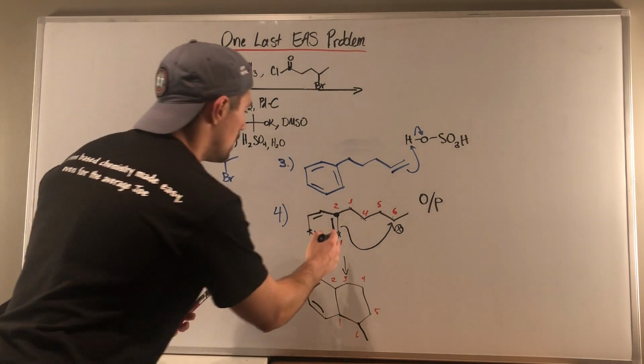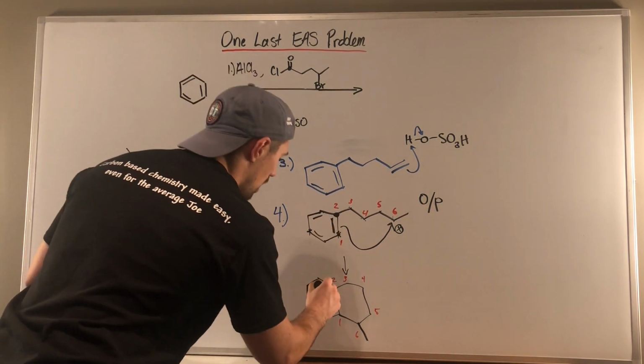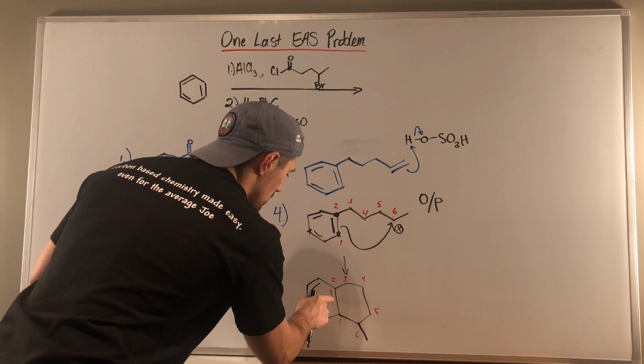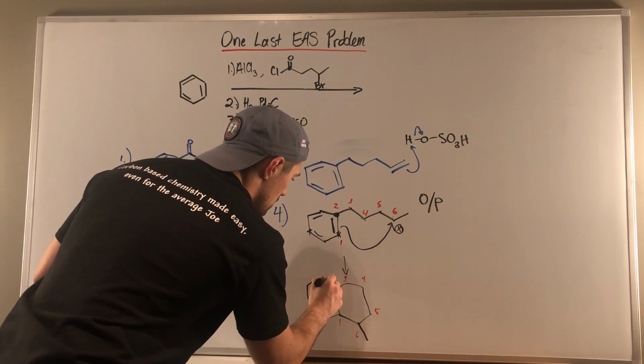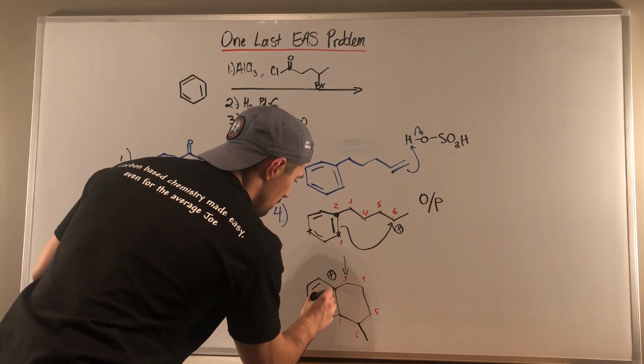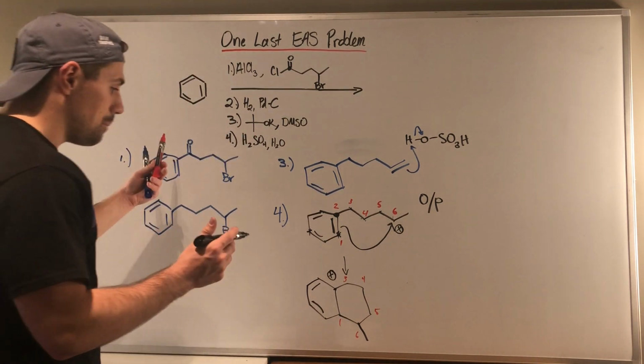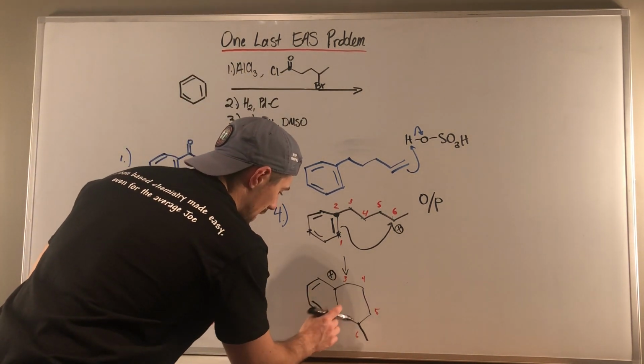finish the mechanism. Since this carbon gained a bond, I lost something right there, so I'm going to go ahead and erase my little miniature 2. There's a carbocation right on this carbon, right? But I can have a cleanup. This is just like the rest of our EAS mechanisms.